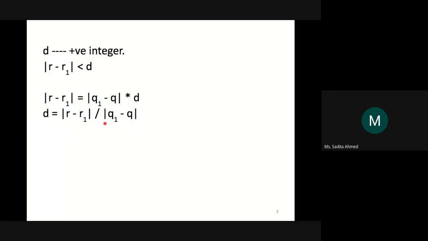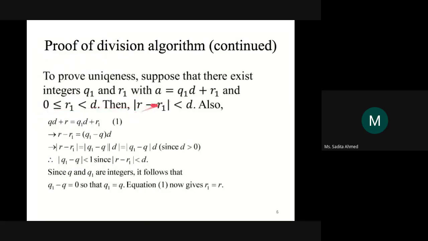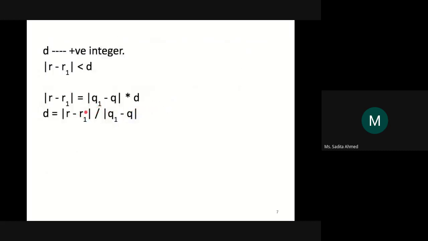Now remember that D is a positive integer. So D, this one, will always be a positive integer. Also remember that the modulus of R minus R1 is less than D. That is, the numerator here is going to be less than D. But D is the result of this division.